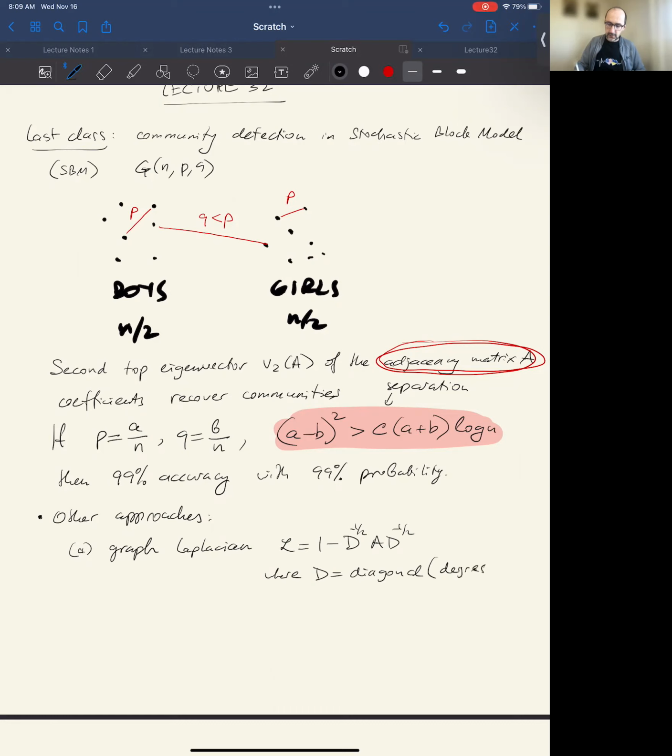And the degree is just how many friends each vertex has. So you normalize basically by multiplying by D to the minus 1/2, you normalize the degrees, and that works well. This is due to Levina and myself in 2017.